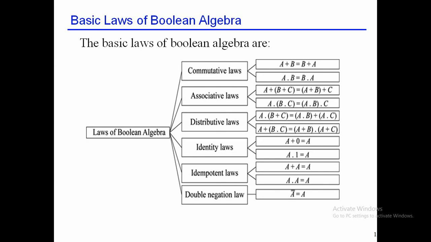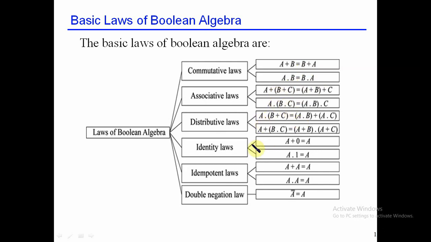Same, the laws are given for the ORing purpose and the ANDing purpose. Commutative is here: A or B is equal to B or A, and A and B equals B and A. Same for the associative law for the AND and OR purpose.